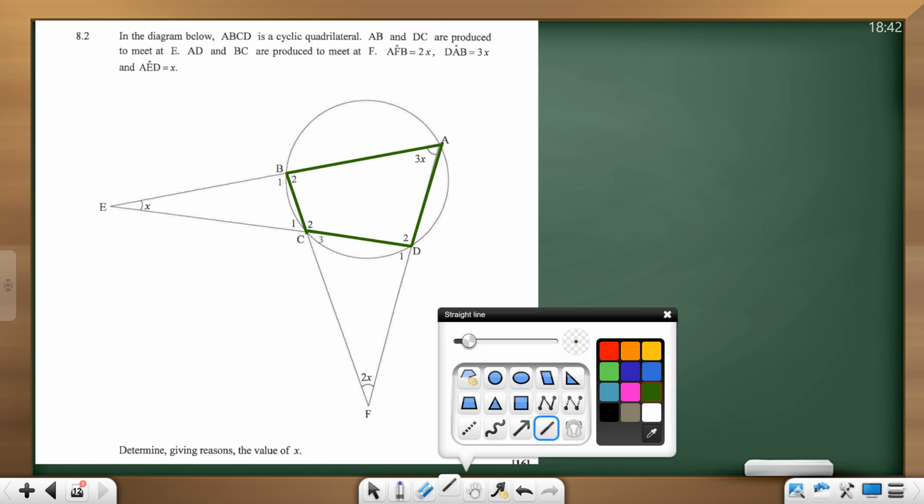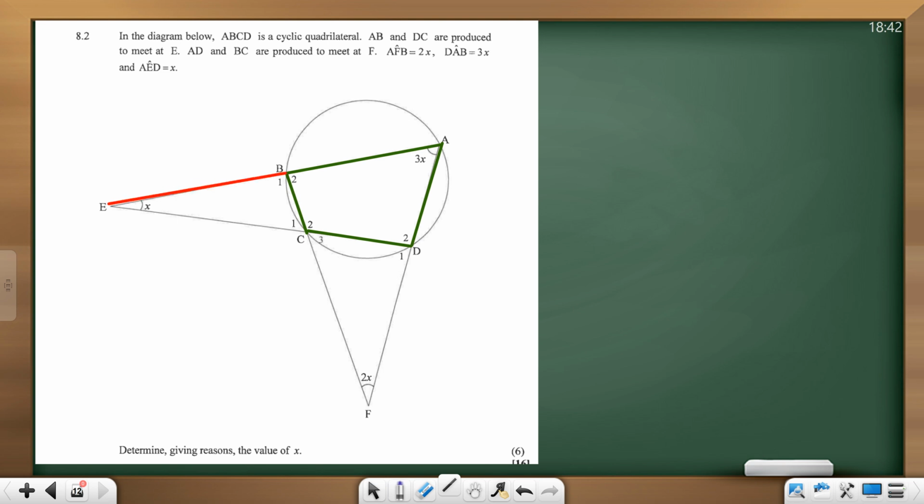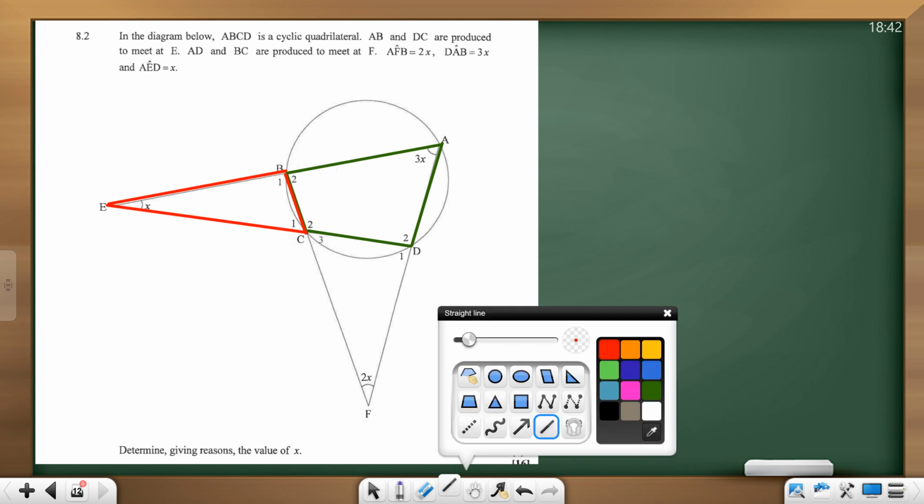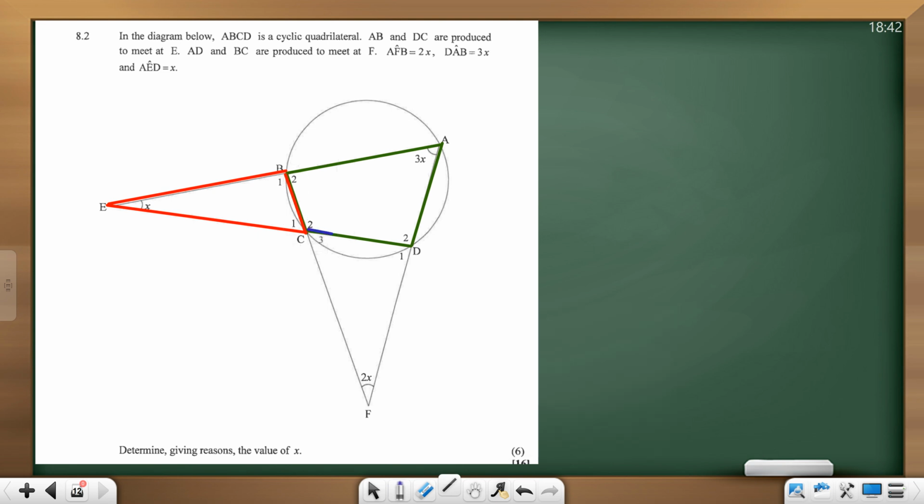All right, let's call it the red triangle. Yes, triangle BCE and then triangle CDF. Okay, let's call it the blue triangle. Beautiful.